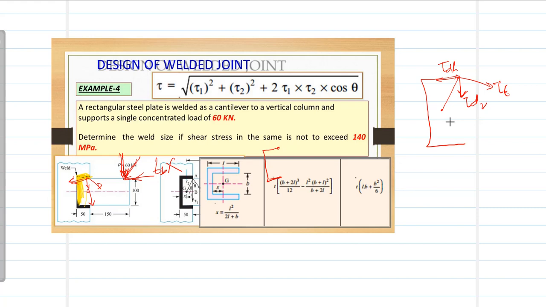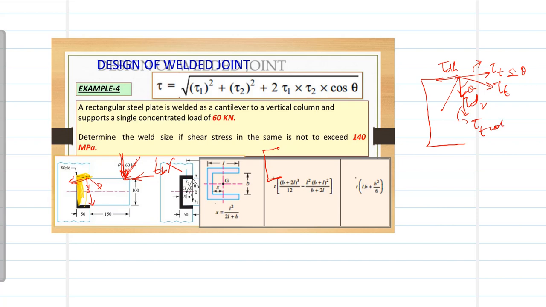So there is a certain angle called theta, and we have two components. This resultant is tau t, so the components are tau t sine theta and tau t cos theta.